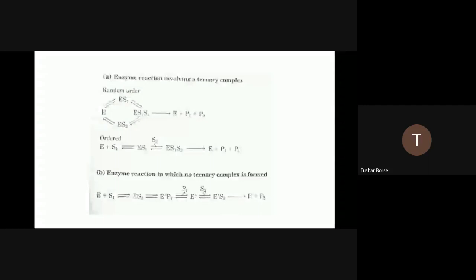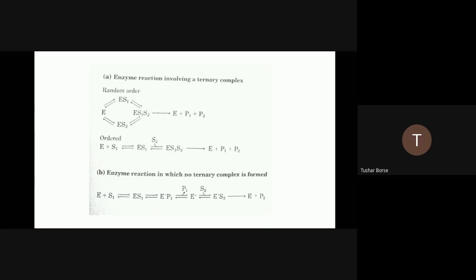But in the ordered manner, first the enzyme is coming, it is forming a complex with the first substrate, and then the second substrate is coming, it is forming a complex with the previous complex, and then the conversion of substrate into products is taking place.